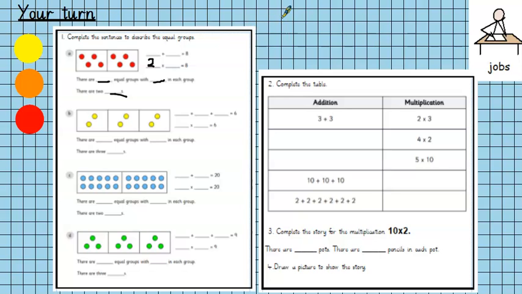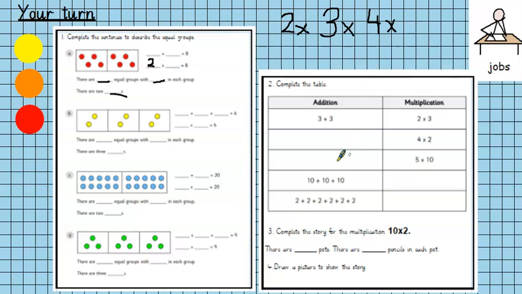So the best way that I remember this is that I tell myself that a 2 and an x means 2 times, or a 3 and an x means 3 times, or 3 groups of 4 x means 4 times, and so on.